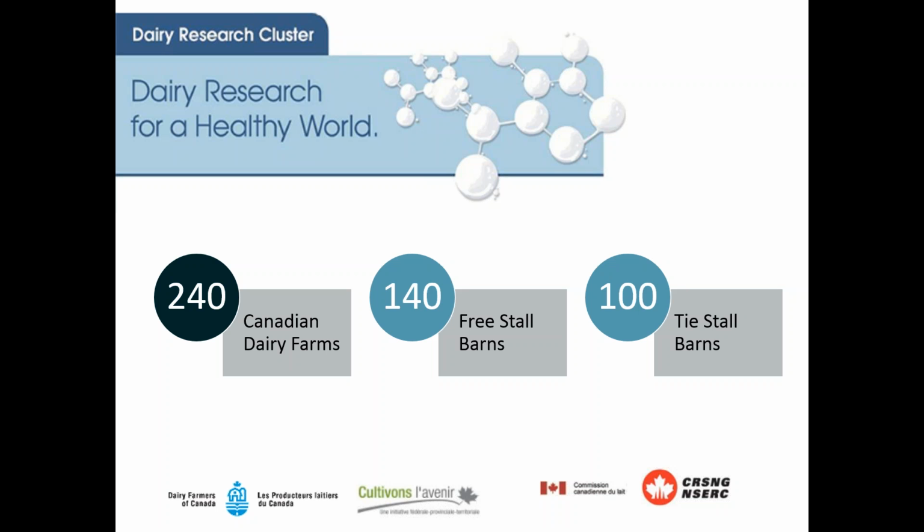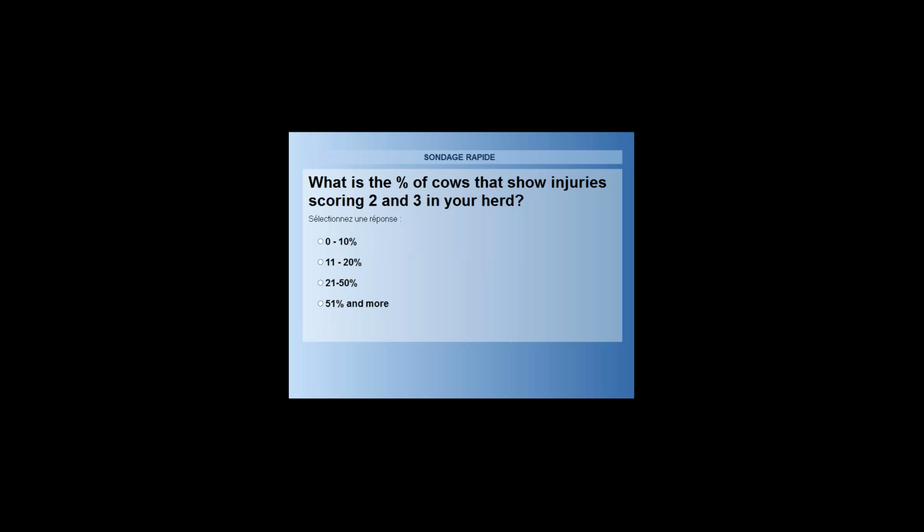But before we get there, I think we have a question about your perception of the prevalence of hock injuries on your farms. So we are going to display a question for you to estimate, in your perception today, what's the percentage of your cows showing injuries of score 2 and 3, so the two worst ones, with swelling or lesions.